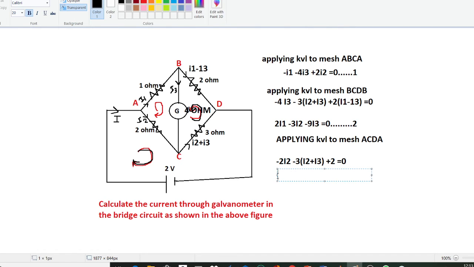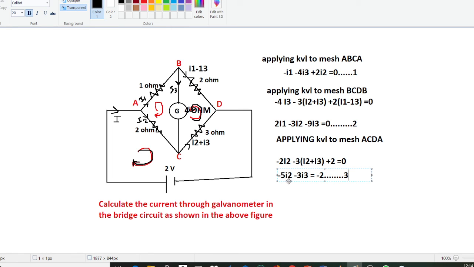On further simplification we get minus 5 I2 minus 3 I3 plus 2 equals 0, or simply we can write it equals minus 2. So this is our equation 3.